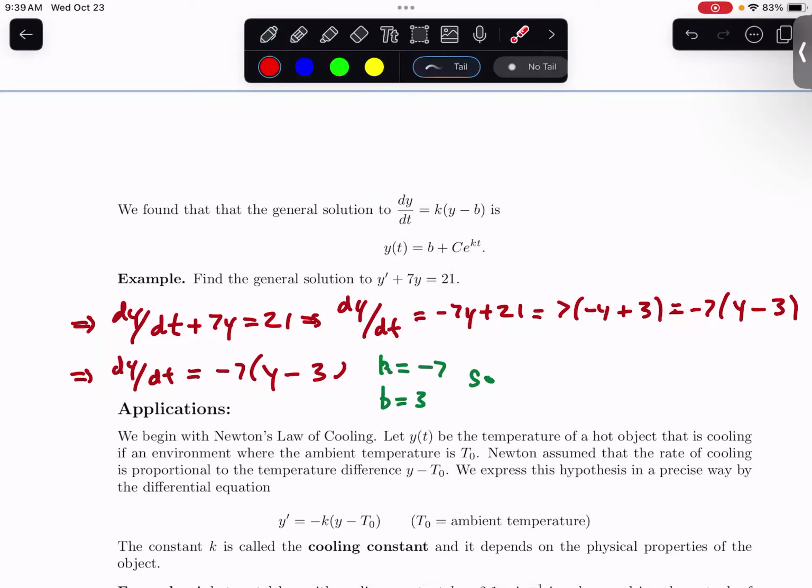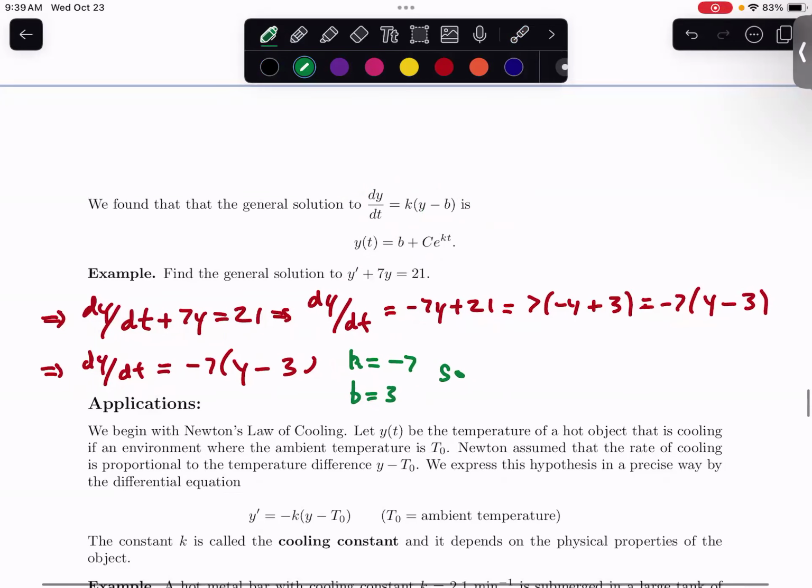If we have a differential equation of this form, we know the solution is just going to be b plus c times e to the kt. We won't solve for c, since we don't have enough information to determine what c is, but the general solution is going to be y sub t equals 3 plus c times e to the minus 7t.